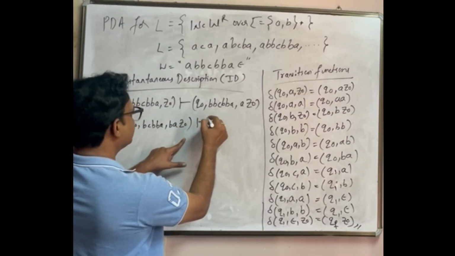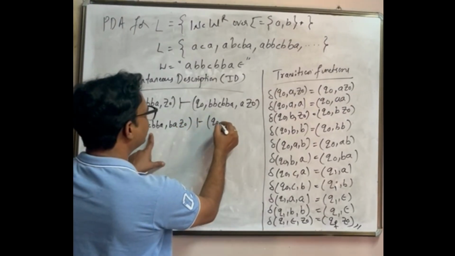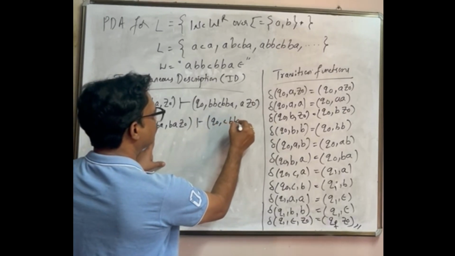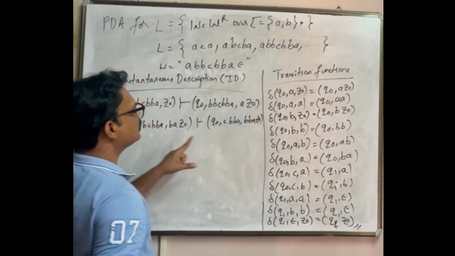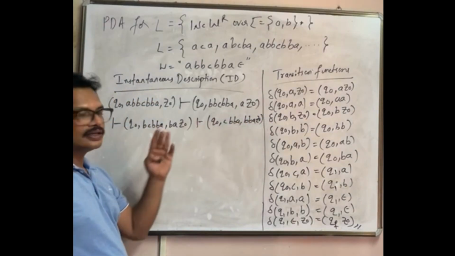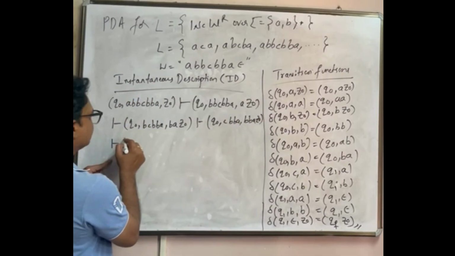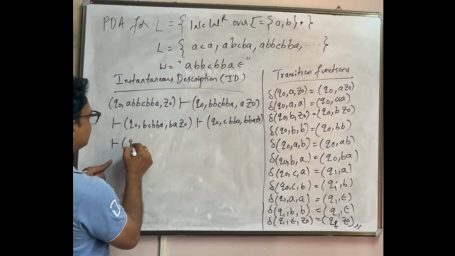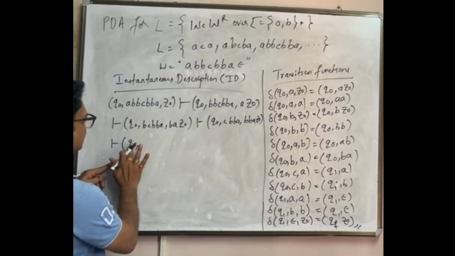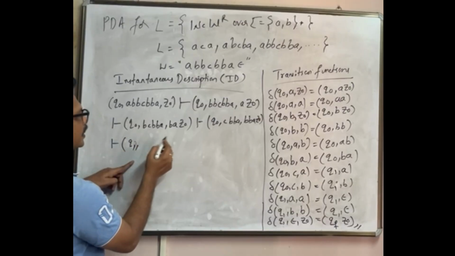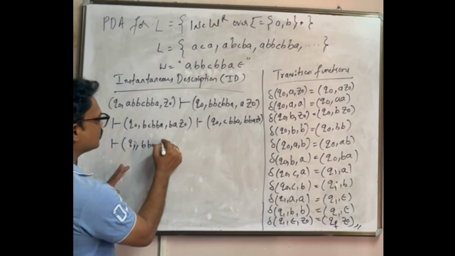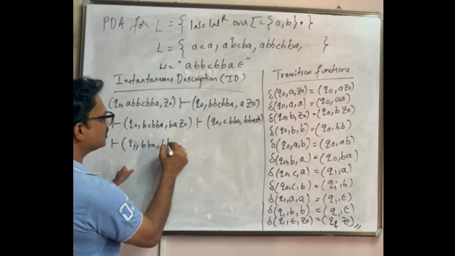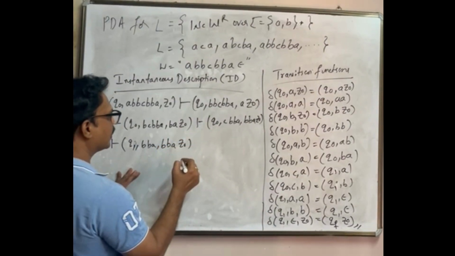Then in the same state once again it reads one more B, the remaining symbols are these things, that is B, B, A, Z0. Now the stack is growing here. Next, in the same state, when it reads C, it changes to Q1, the remaining symbols are B, B, A, and it doesn't do anything, so the stack content remains the same.